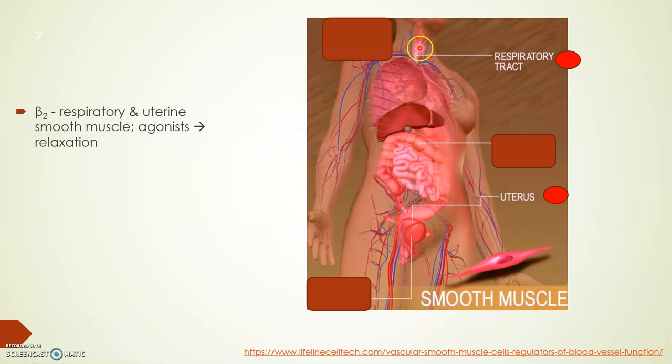Okay, when an agonist acts on the beta 2 receptor in the respiratory and uterine smooth muscles, it will cause relaxation. Okay, so this will relax, and this will relax. With the respiratory tract, the bronchioles, the bronchus, and also the uterus, the smooth muscles there will relax when acted upon by the beta 2 agonist.